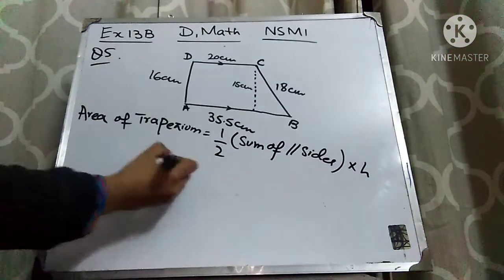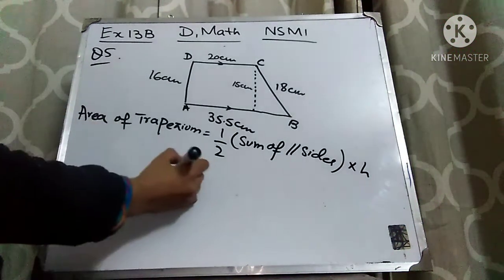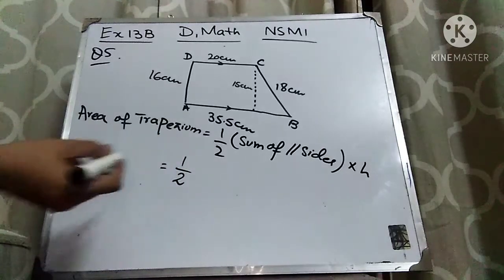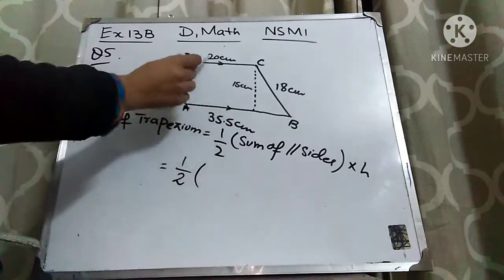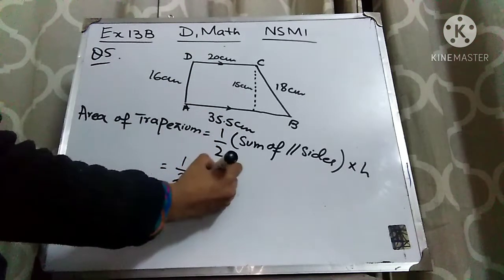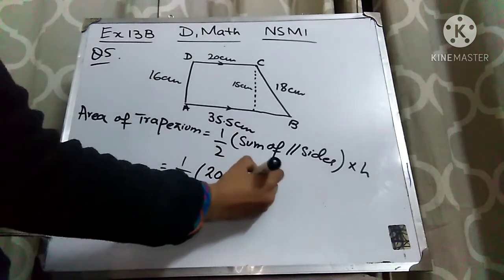Now for the sum of parallel sides, we can give them the names A and B, or we can just add them. So half you write down as it is. These are the parallel lines, so I will add their lengths. This is 20 and this is 35.5.